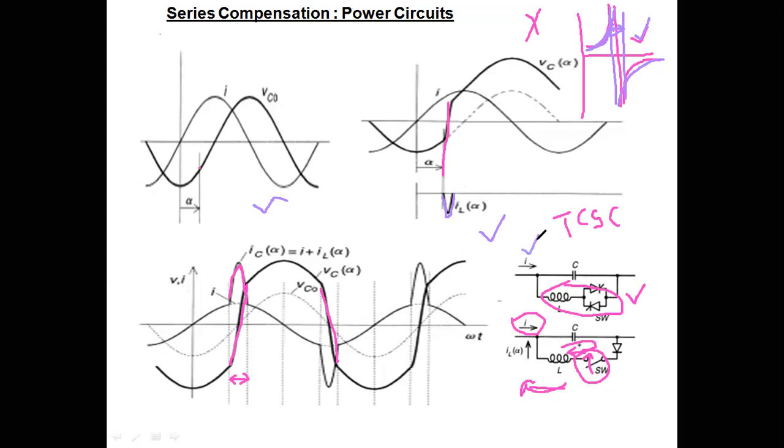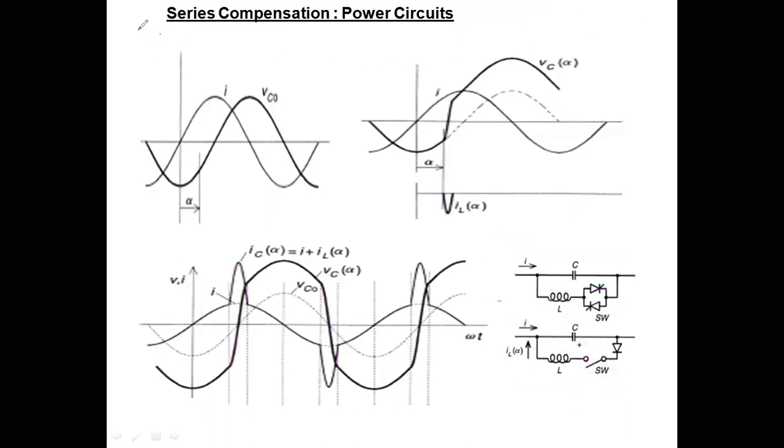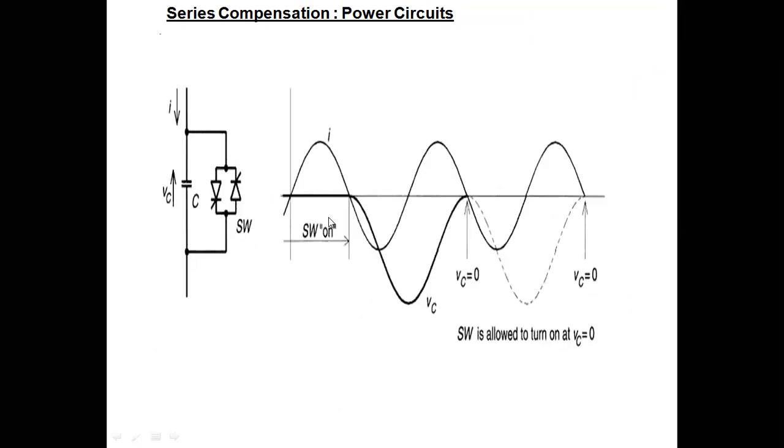We are assuming that the line current is constant. In addition, you will have the inductive current that makes the voltage of the capacitor be in the opposite direction. So that is about this TCSC, and that XC reactance diagram is also important.